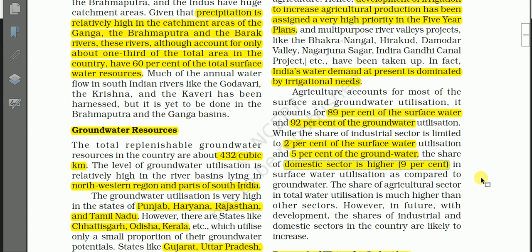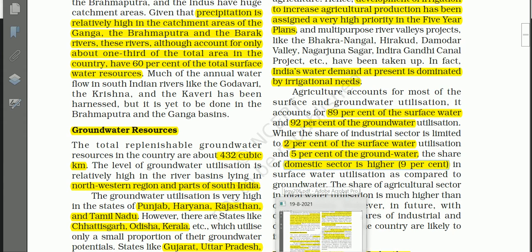So for domestic uses, surface water utilization is higher than groundwater, because sometimes groundwater is not suitable for domestic use. And so in all the cases, the share of the agriculture sector in total water utilization is much higher than other sectors.